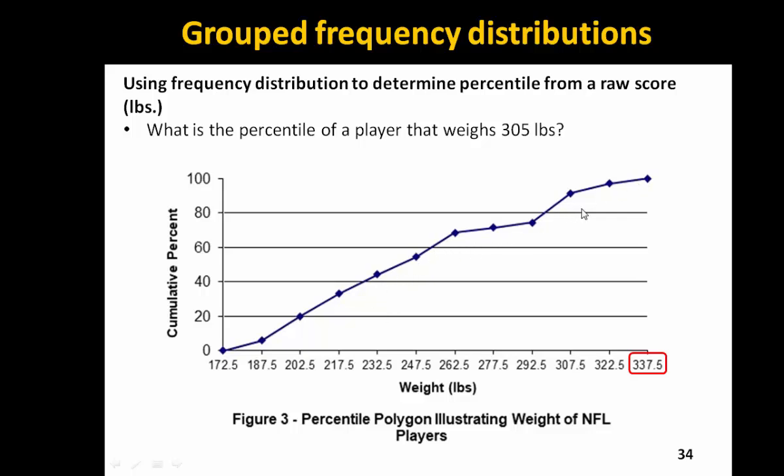And as we move to lower and lower weights, fewer and fewer players account for the number of players in that category. If we were to plot this, we would use the upper real limit to do so, and we always close our polygon at 0.